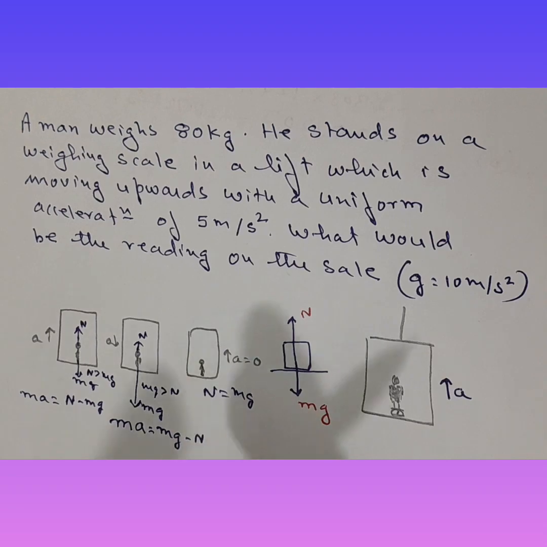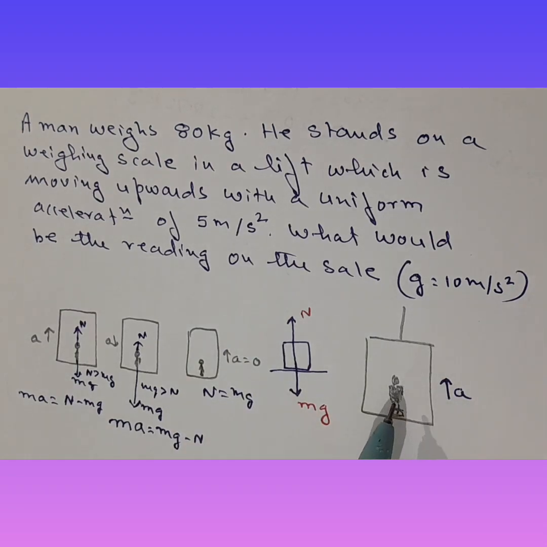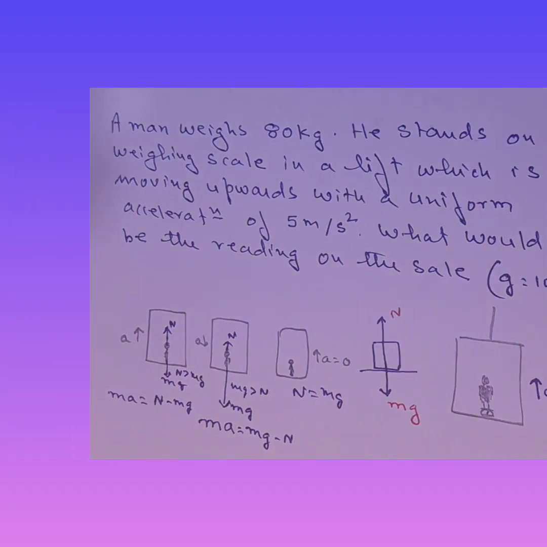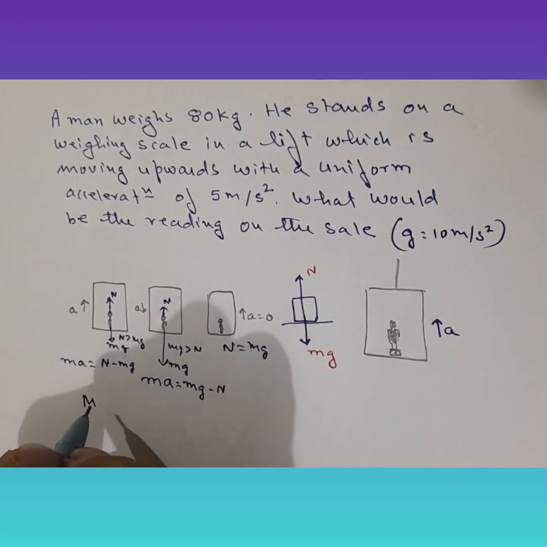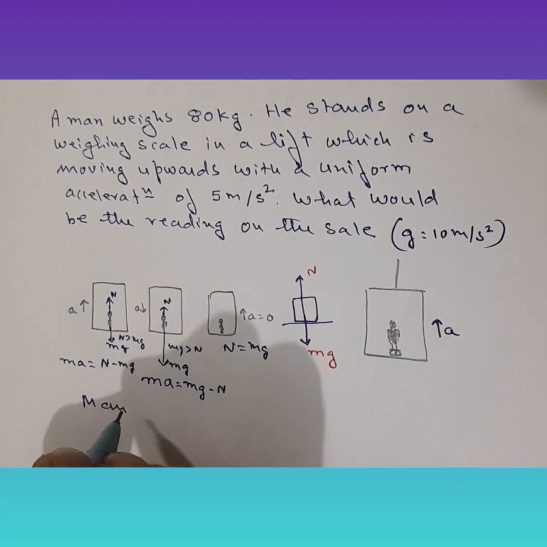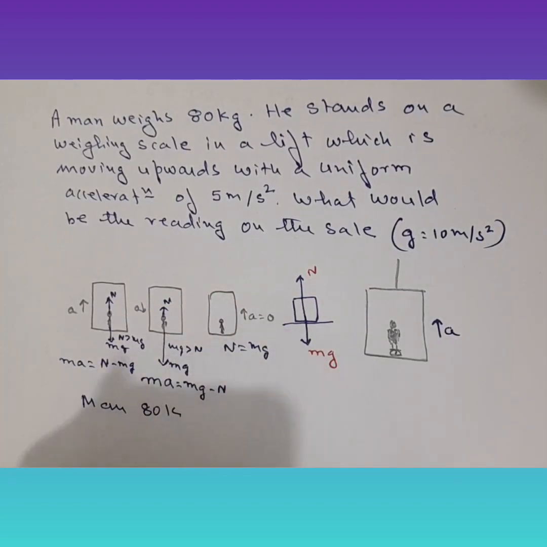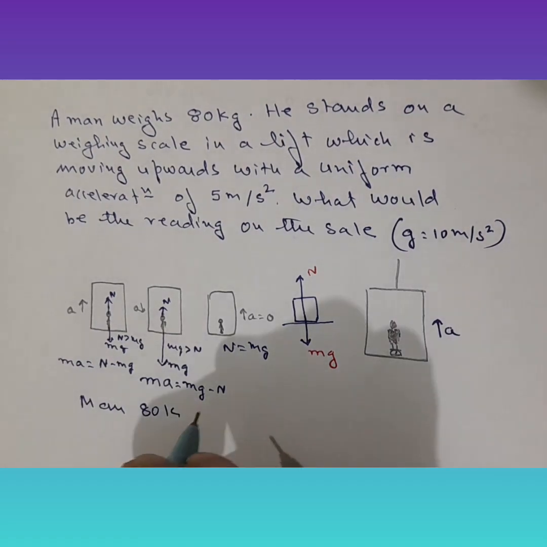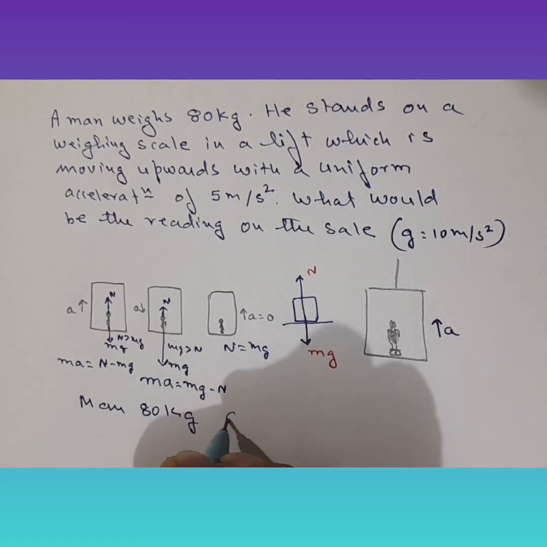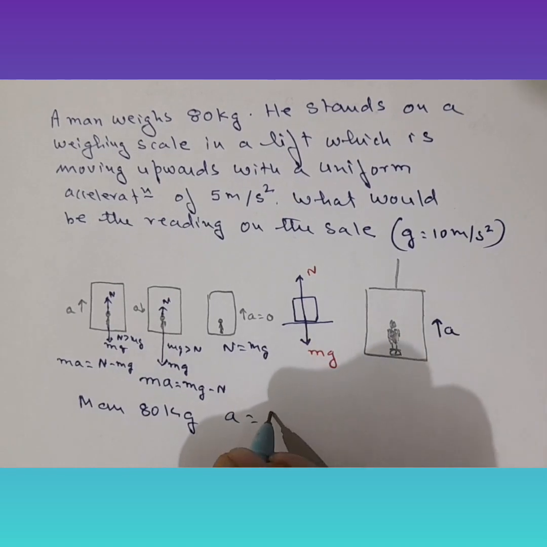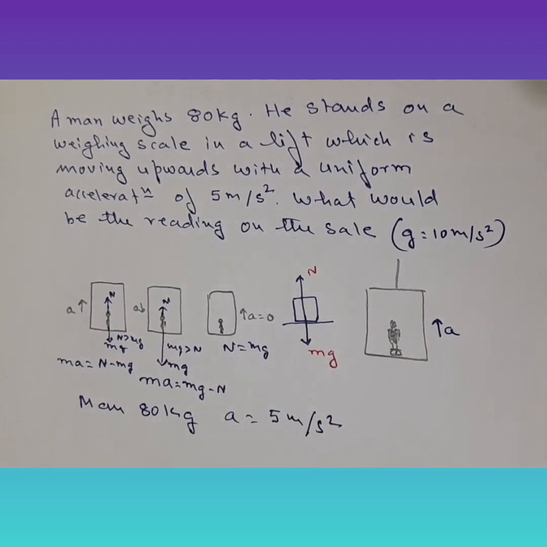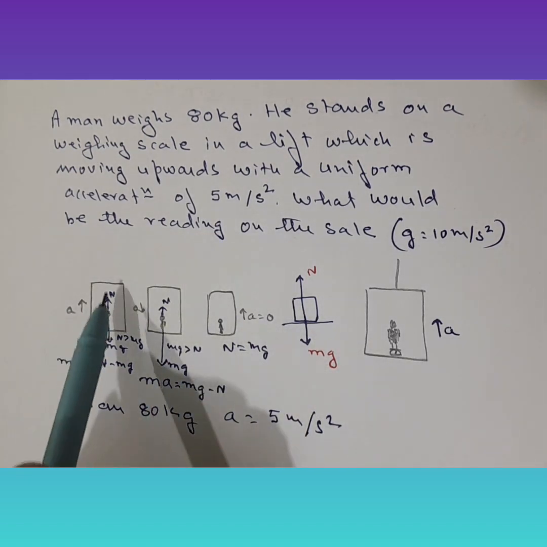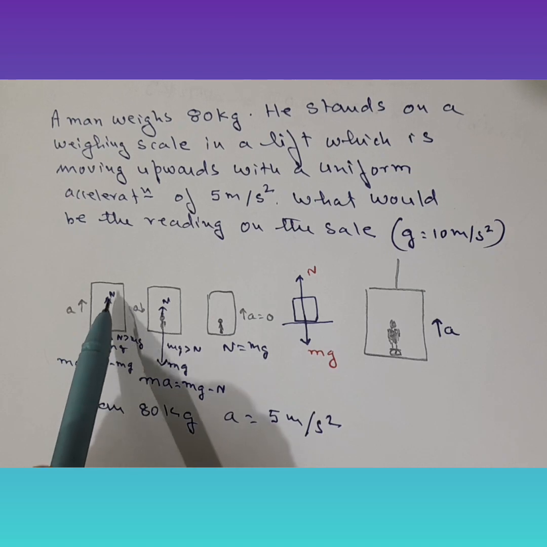Now, keeping this in mind, let's progress with the numerical. Man weighs 80 kg, acceleration of lift is also given. It is 5 meter per second square. Done. Now, in this situation, the lift is moving up.